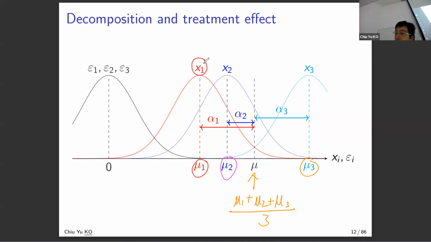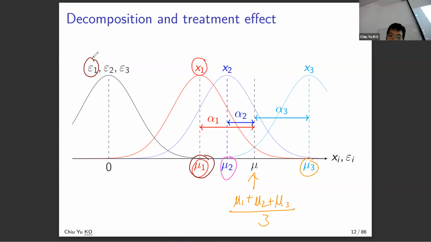Instead of the red thing, you decompose it into this mu and epsilon. Epsilon 1 plus mu becomes x1, so I no longer care about x1 itself. I decompose it into two parts. The same goes for the blue one, which will be mu2 plus epsilon 3, and so on and so forth.